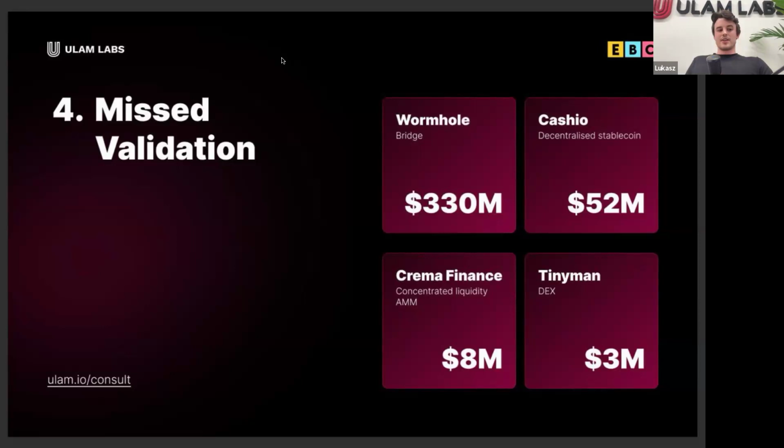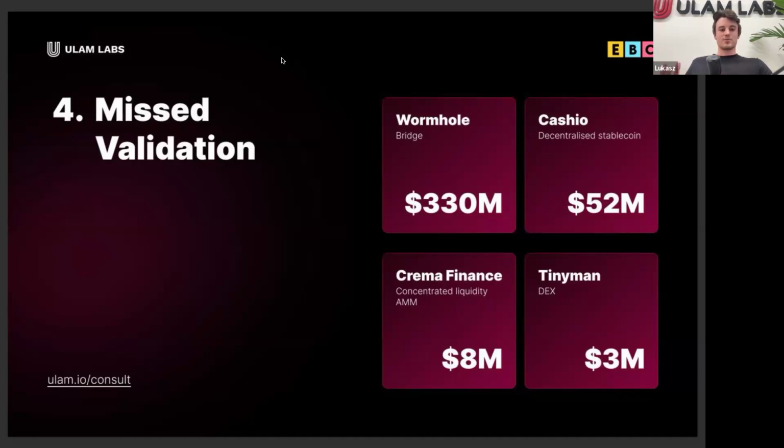And a similar thing happened with Crema Finance, which is a concentrated liquidity AMM. When you have those little ticks and the concentrated liquidity markers like Uniswap V3, if you're familiar with it, the liquidity is placed in those little slots. In Solana and Crema Finance, each tick was stored in a different account. So the attacker found out that you can actually supply a different account.